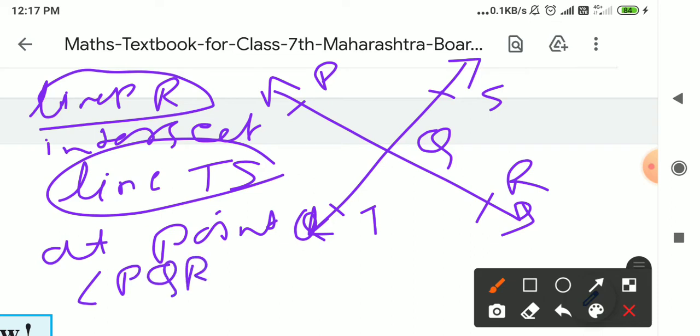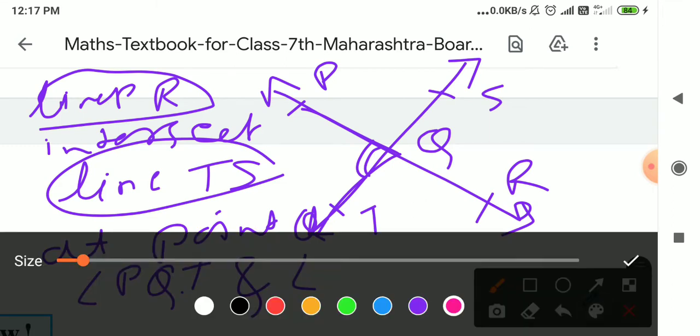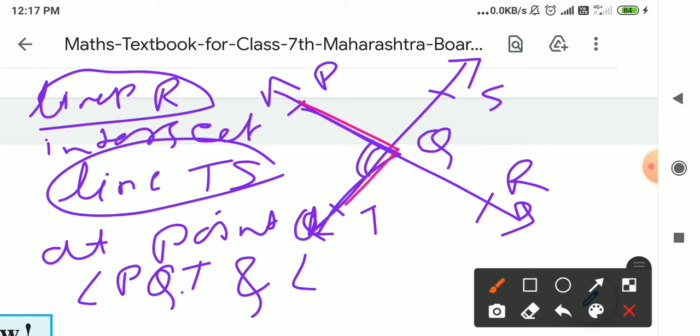Then angle PQT, shown with the pink color, and angle RQS, this is the first pair.